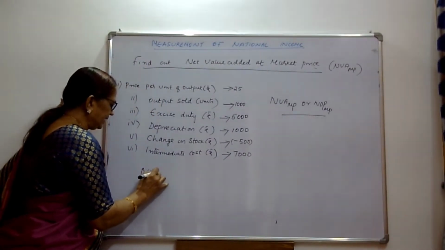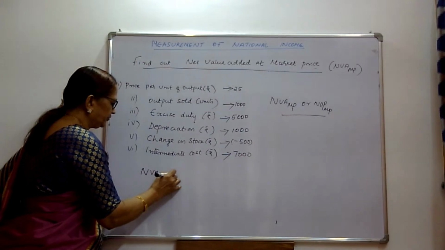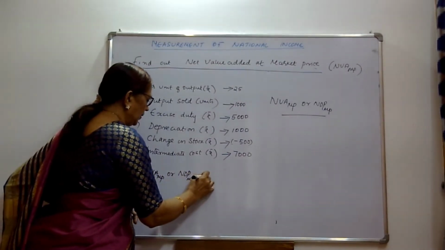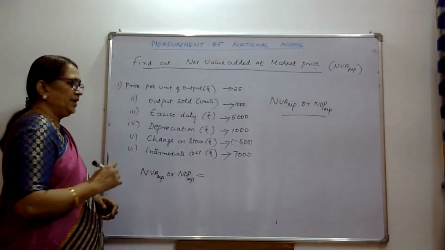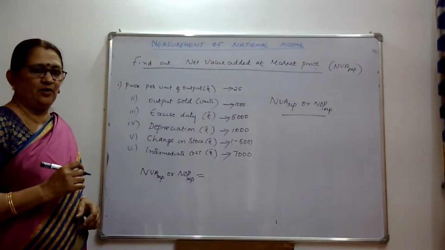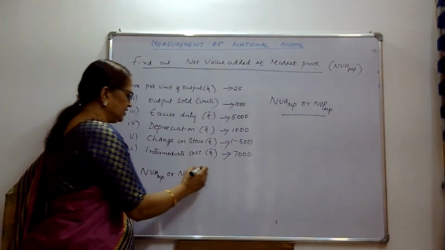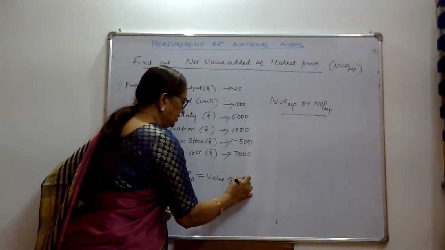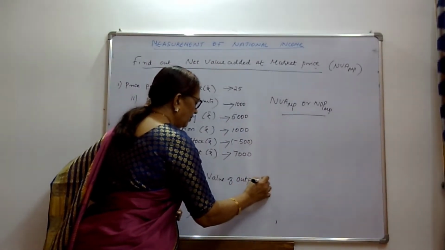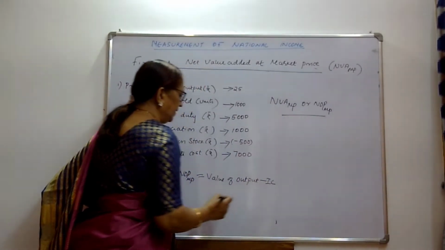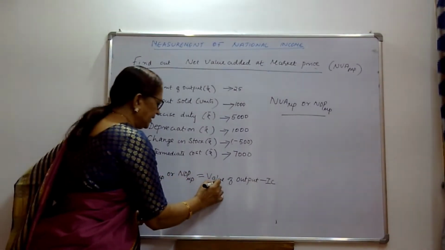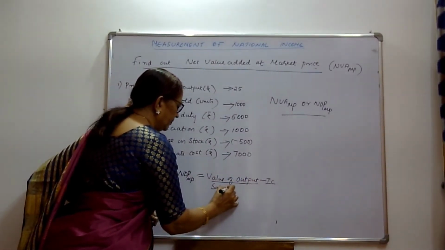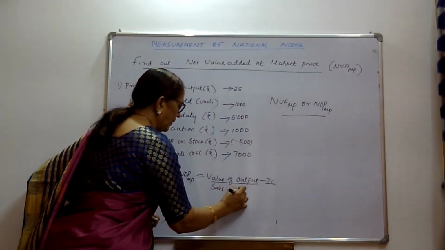net value added at market price, or NDP at market price, is equal to, how do we arrive at value added? Value of output minus intermediate consumption, we will get value added. Value of output is sales plus change in stock.